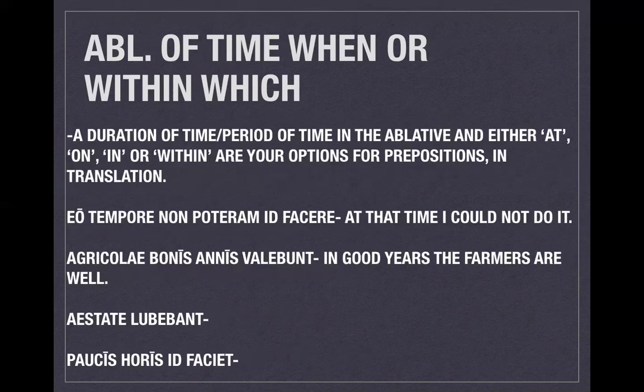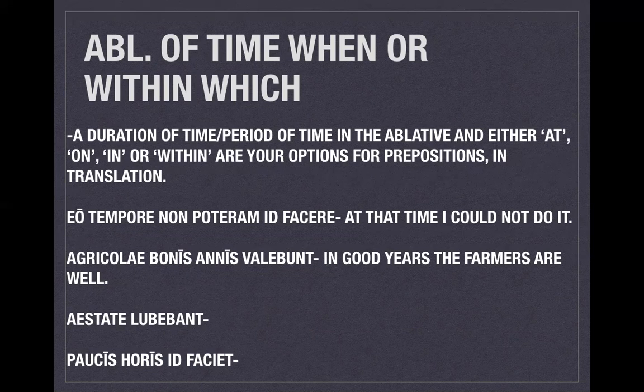This next one's crazy, so I'll just say agricolae, like farmers, bonis annis. Okay, annis is in the ablative plural, and it's that word for years. So we just have this like good years floating in the middle of the sentence. So you want to add like in, or maybe within good years, or within's weird actually. In good years, the farmers are well or strong.